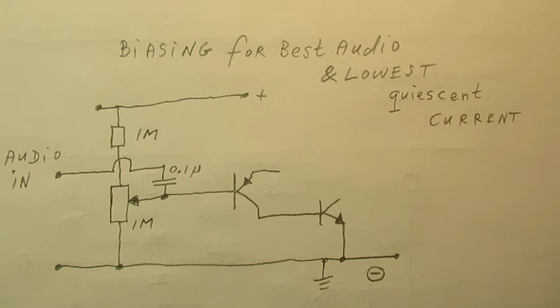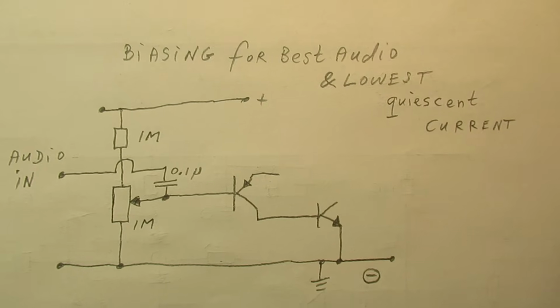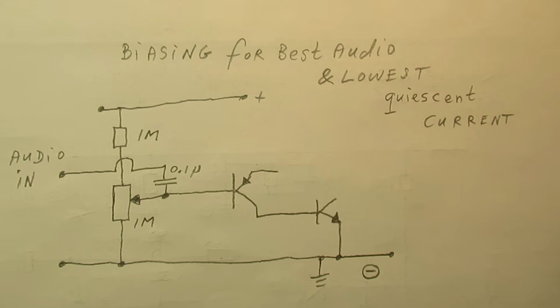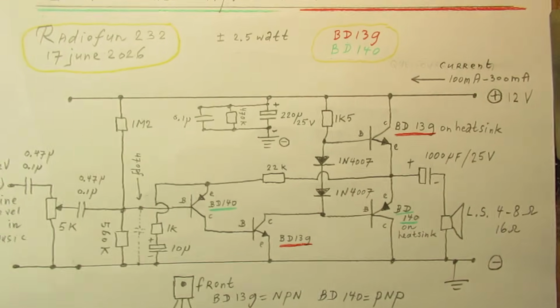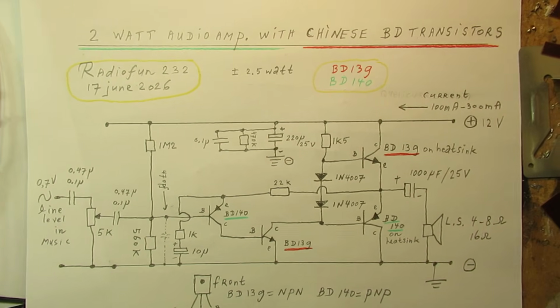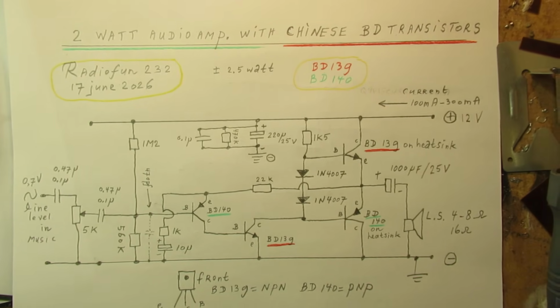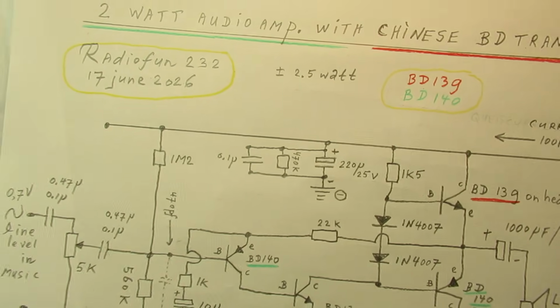When the quiescent current is too low, the sound is distorted, and especially on low audio levels. Classical problem, by the way. I encountered it many years ago in another audio amplifier that I made, and it was from an electronics magazine, but it didn't work. Anyway, so these two resistors are critical.